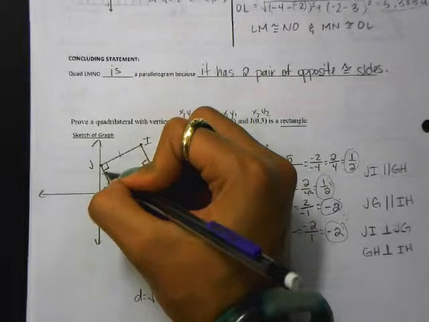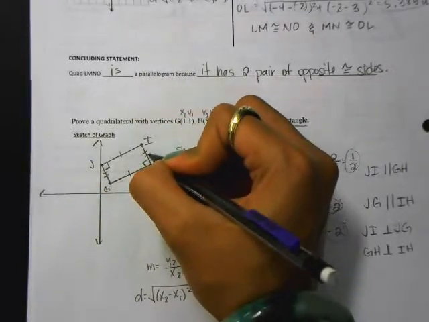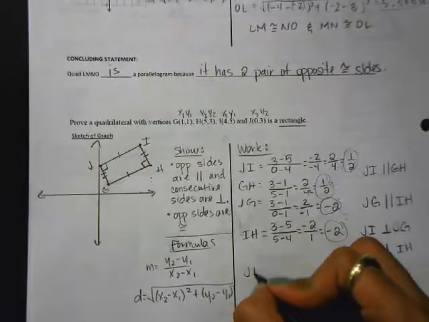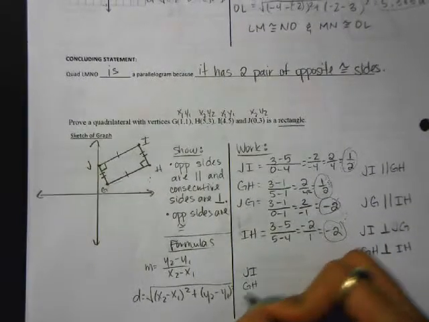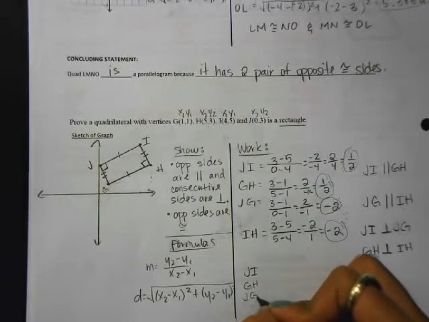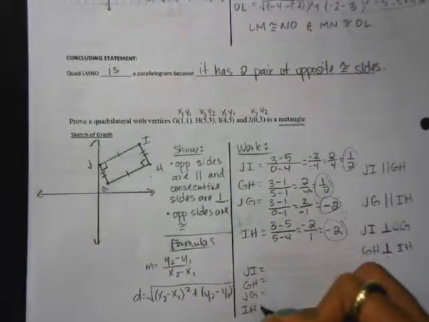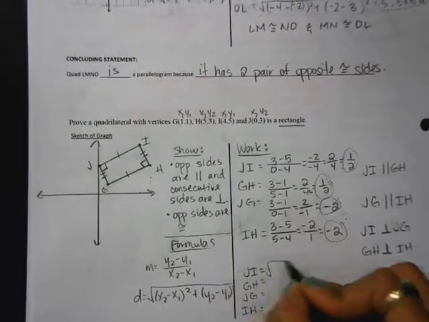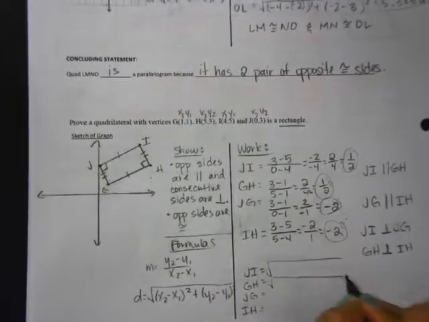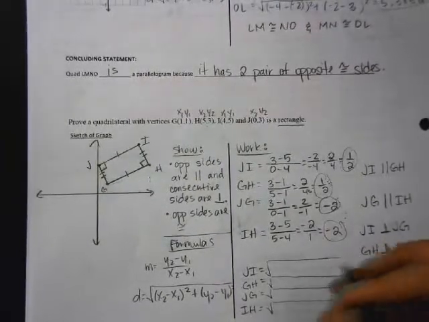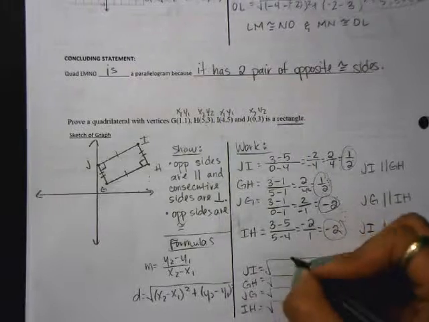Okay, JI, we have 0 minus 4 squared plus 3 minus 5 squared. GH, we have 5 minus 1 squared plus 3 minus 1 squared.